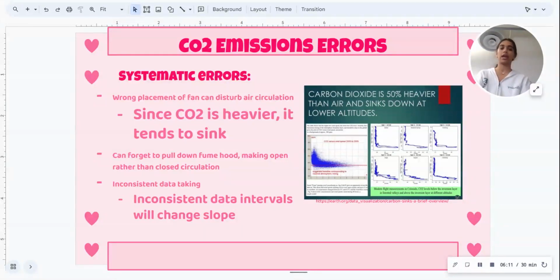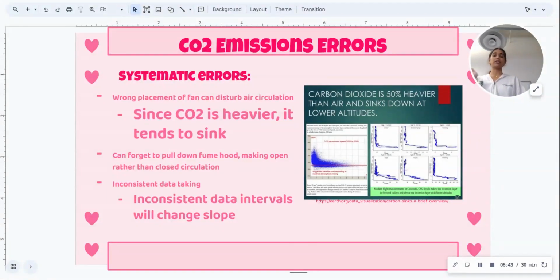When we began, the fan was directed at such an angle that we lowered the concentration of the CO2, and we could have potentially gotten the wrong values because of the circulation that we caused with the angle placement. Since CO2 is heavier than surrounding air, it tends to sink. That's why it's important that the fan keeps the air circulating but isn't blasting in the face of whatever we're calculating, because then it would reduce the concentration.